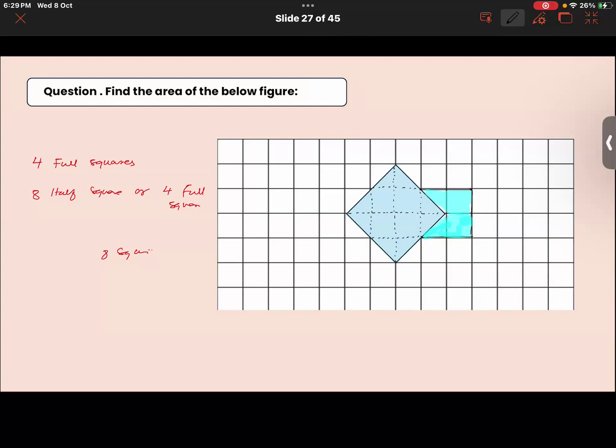No, how can it be 13? See, previously this much is already equal to 8 square units. Now 11. Is it 11? Exactly. 8 plus 1, and these two half squares will be equal to 1 square. So that is 11.